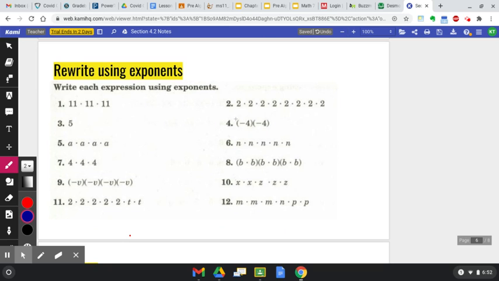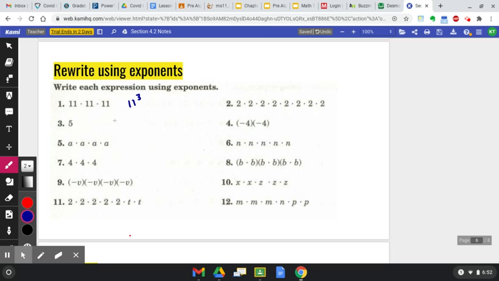All right, so let's go the other way. We looked at, okay, if I have 5 to the 3rd power, that's 5 times 5 times 5. Let's see what we have here, and see if we can write these as an exponent or a power term. So look here, I have 11 as my base, and it's multiplied together 3 times. Here, 5.